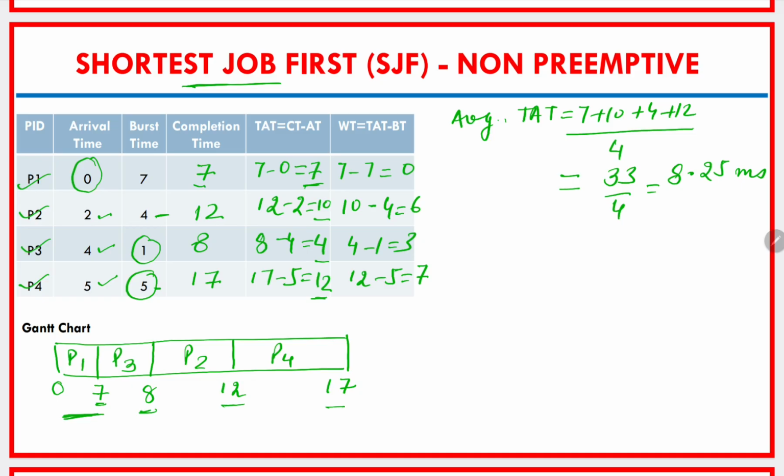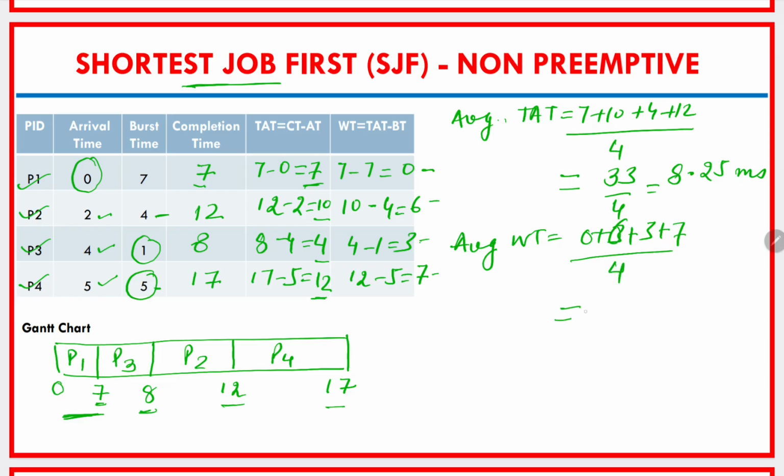If we calculate the average waiting time, the waiting times are 0, 6, 3 and 7. So add all these values, 0, 6, 3 and 7, and we divide it by 4 as there are a total of 4 processes.